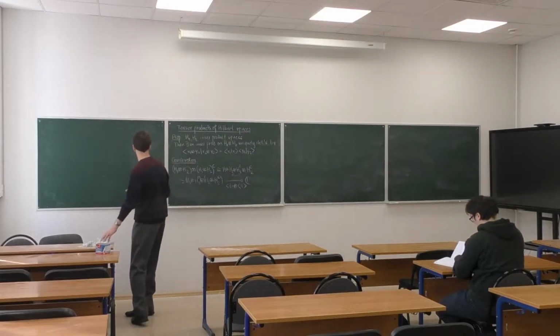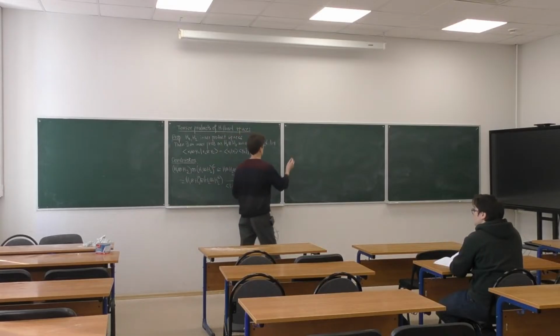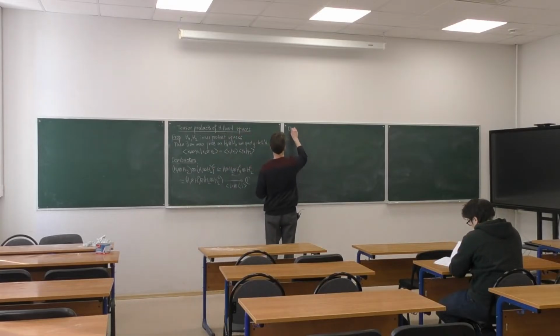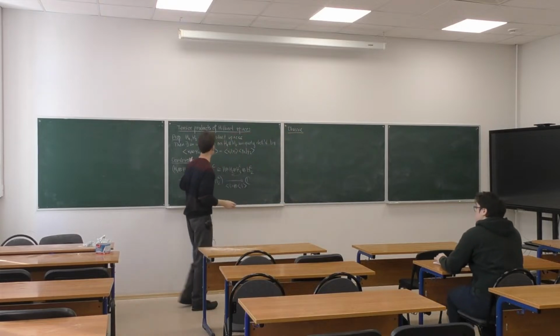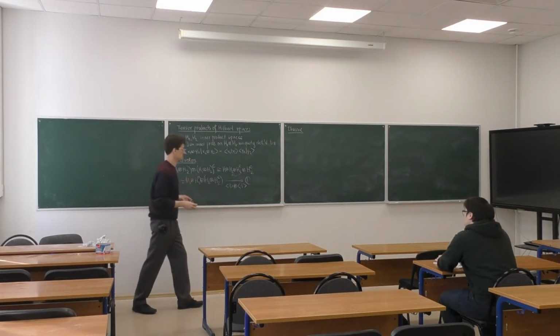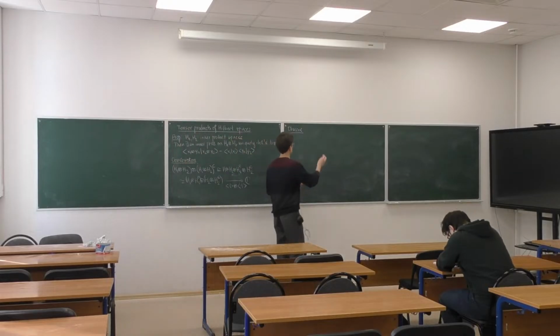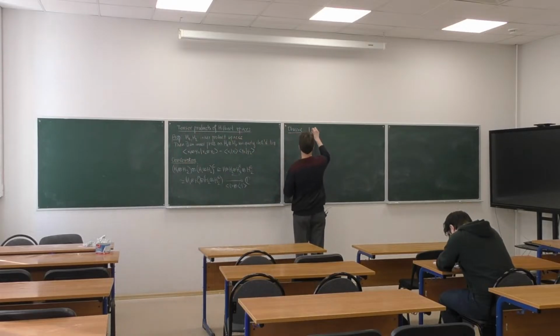By the way, let's observe that the norm that we've just constructed, so we constructed an inner product on this space, and of course an inner product generates a norm in the standard way. So let's observe that this norm has the following useful property.